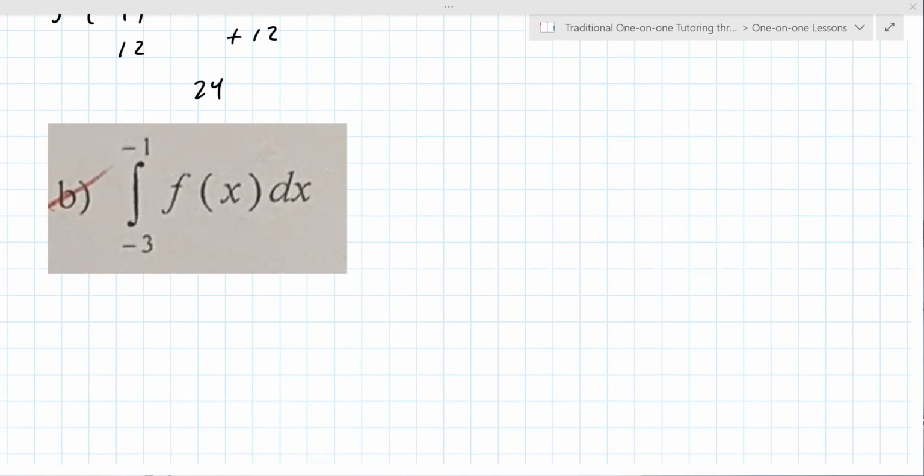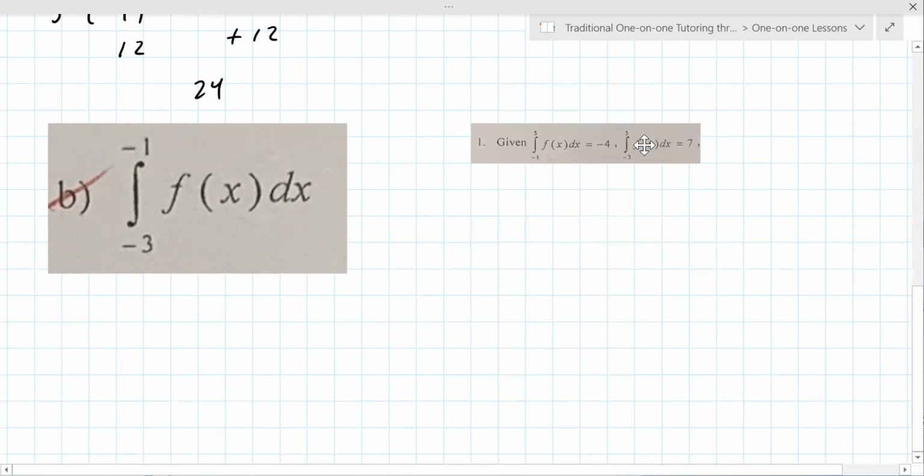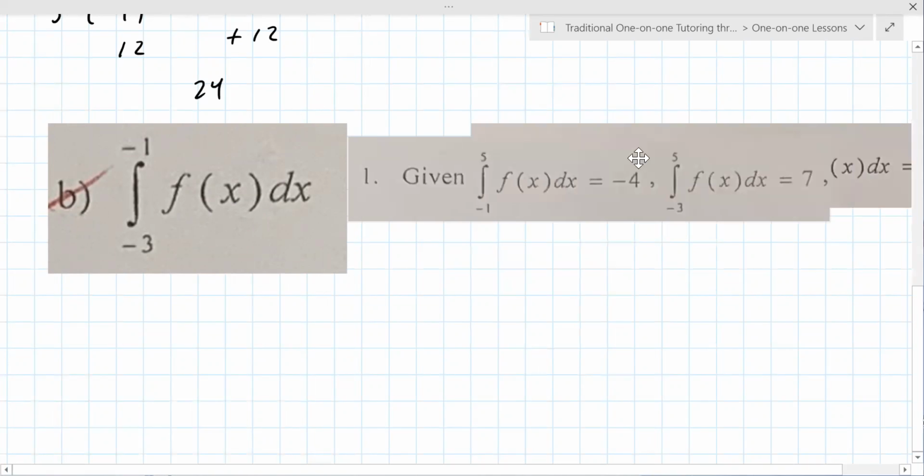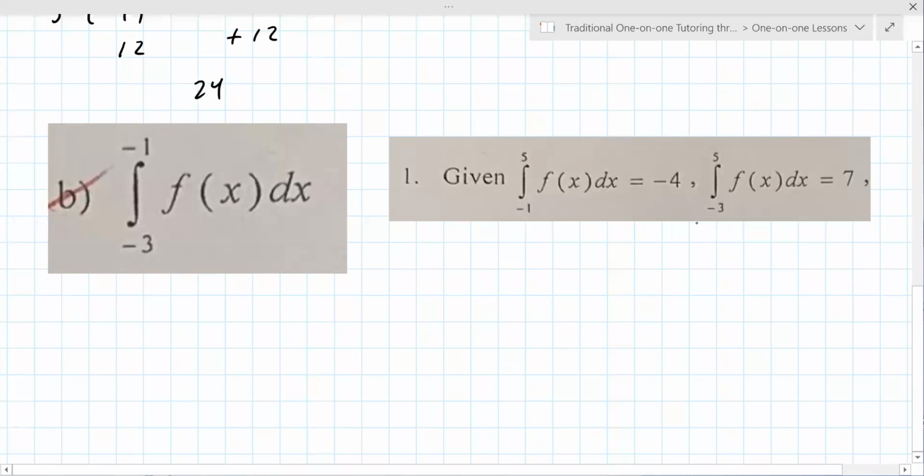So you are given. Let me snip in the part that's relevant here. You are told from the beginning here that from -3 to 5 is 7, and from -1 to 5 is -4. So you can combine these results because there's overlap.